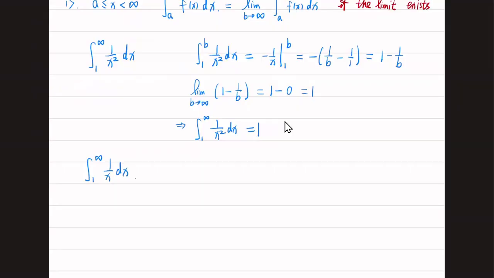Check and Lisa and start work. How do we do this improper integral? Lisa, where do we start?